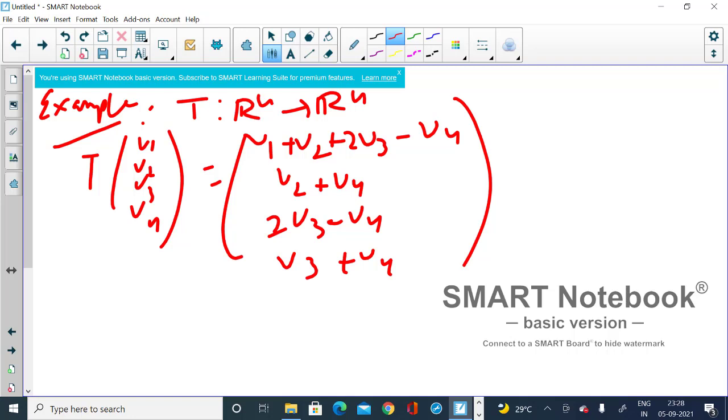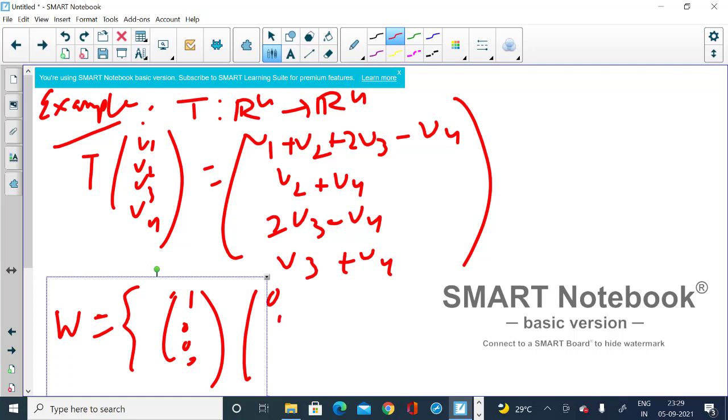And you have a subspace W, generated by two vectors, 1 0 0 0 and 0 1 0 0. W is spanned by these two vectors.